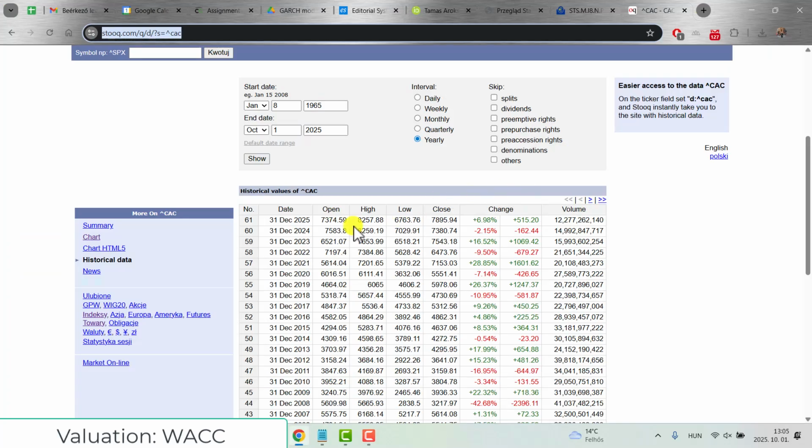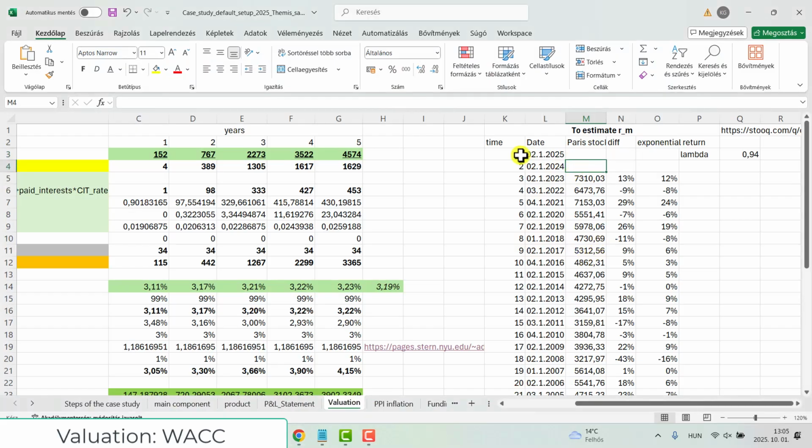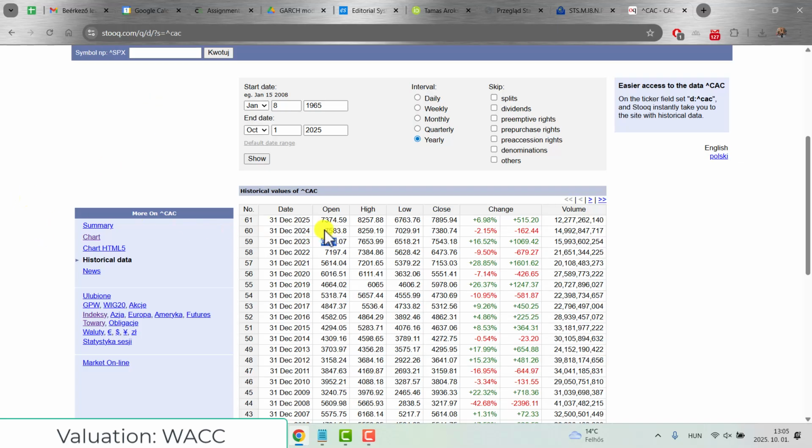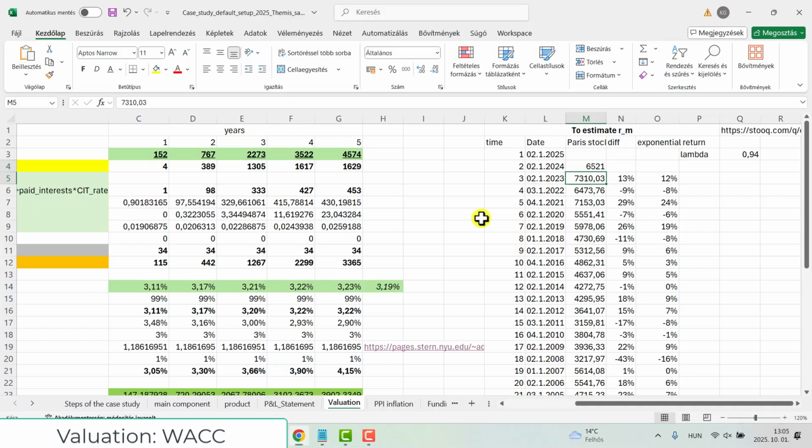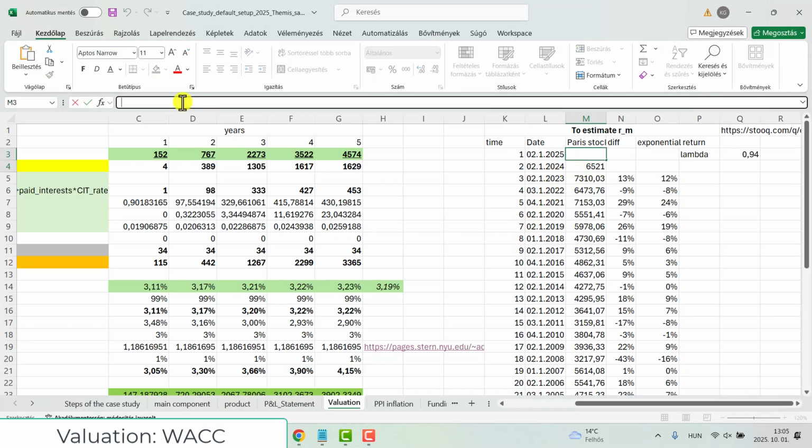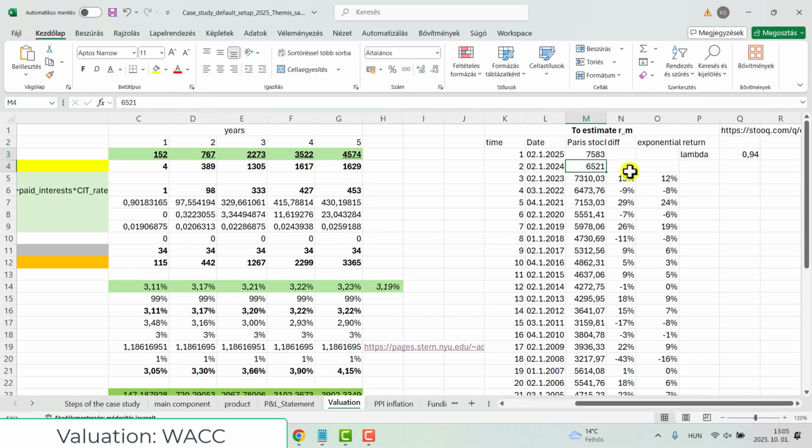Okay, so let's see. What do we have here? Opening day. Oh, sorry, this one. How do you have December data for this year? Okay, that one is a database anomaly. But the rest we can capture.